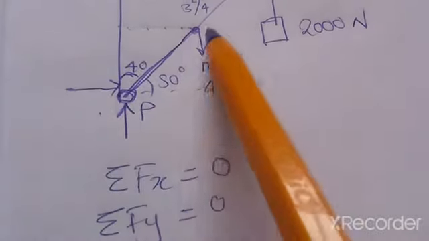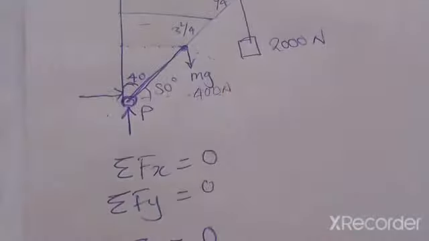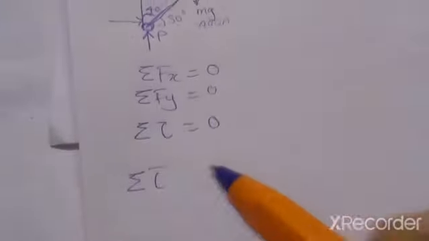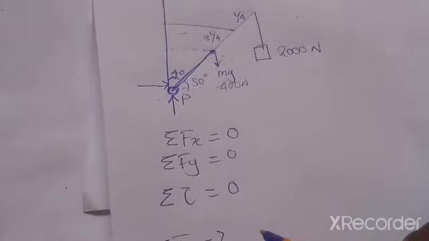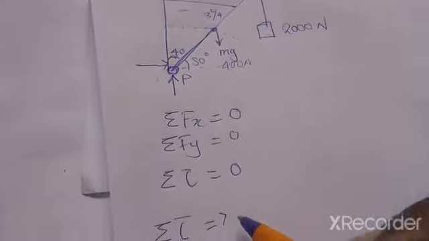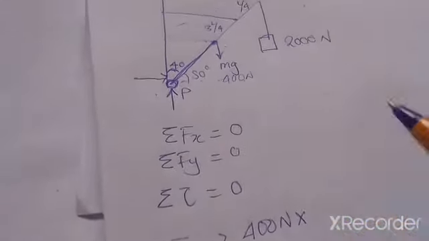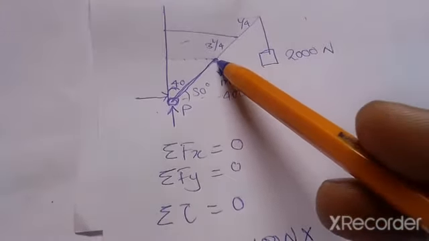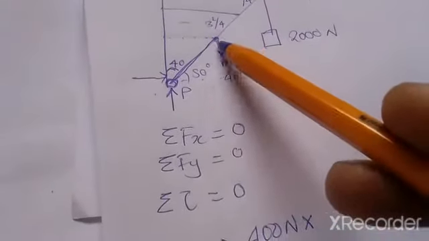So the first force is the weight of the boom. This will give us the force, which is 400 newtons multiplied by the perpendicular distance. So the perpendicular distance is the distance from here to here.